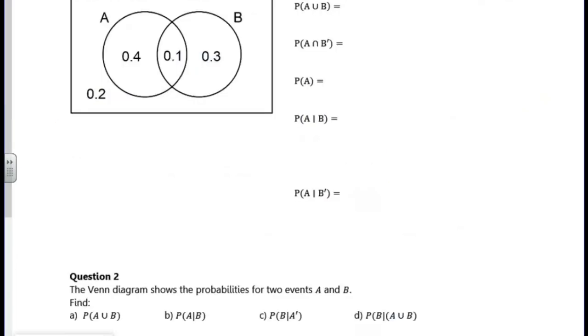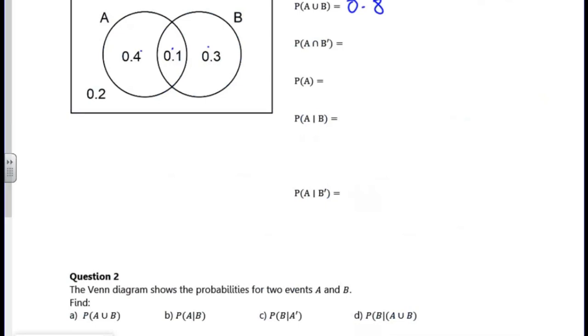Right, let's have a look at this one then, this Venn diagrams question. So what have I got then? So got all the information I need. So A or B is them three added together, 0.8.